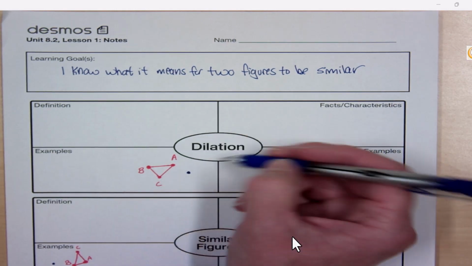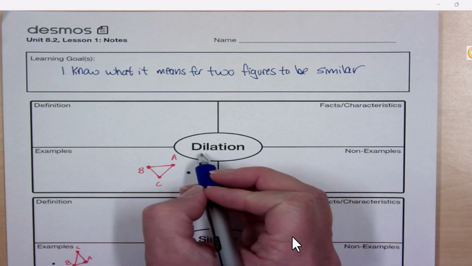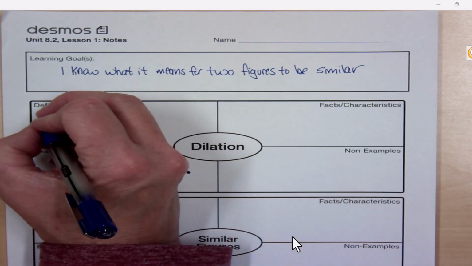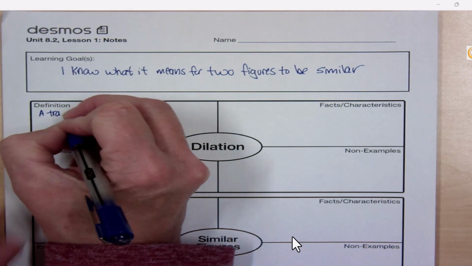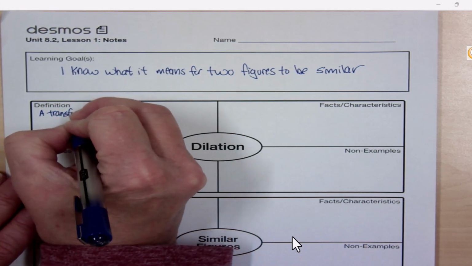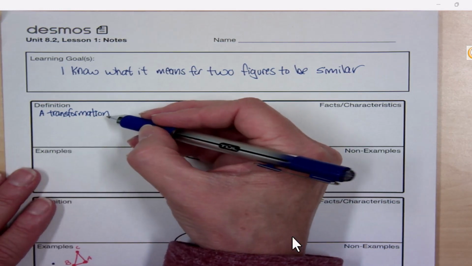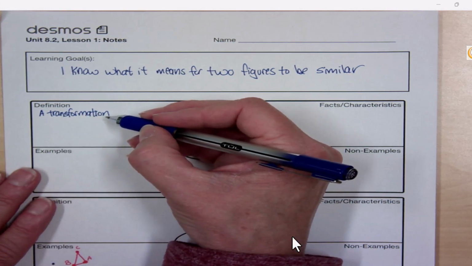But we're going to start with an important word in this unit, a dilation. A dilation is a new kind of transformation. We've talked about rigid transformations, rotations, reflections, and translations.